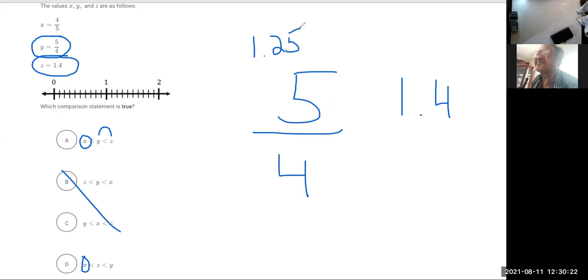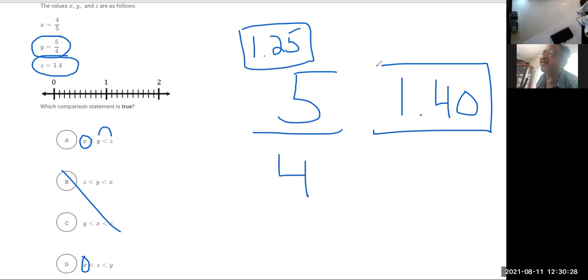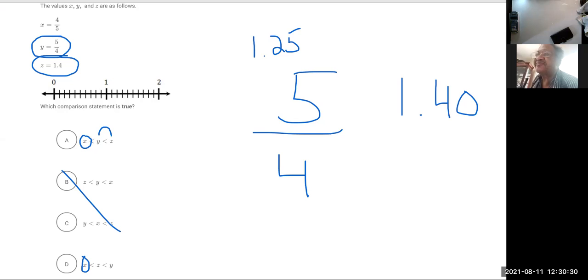If we can mentally do that and feel confident, we're 100% sure that $1.25 is less than $1.40. But if we're not in a spot where we can do that mentally, if we could use a calculator, we would do 5 divided by 4, and our calculator would say 1.25.